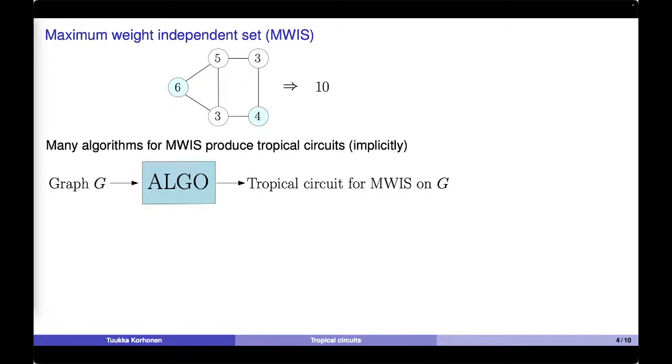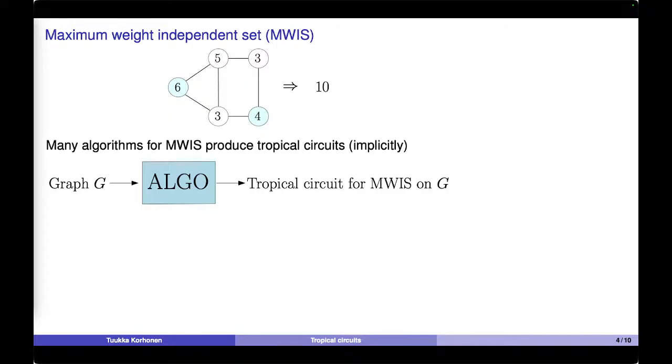For every graph you have a different tropical circuit. The algorithm gets the graph and weights as input, but actually it only looks at the structure of the graph, not the weights. It implicitly computes a tropical circuit, and only later looks at the weights, via this tropical circuit.